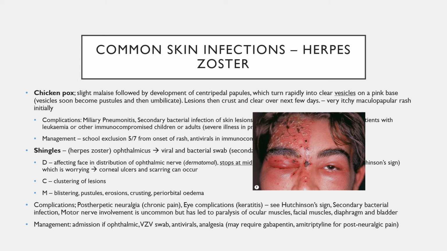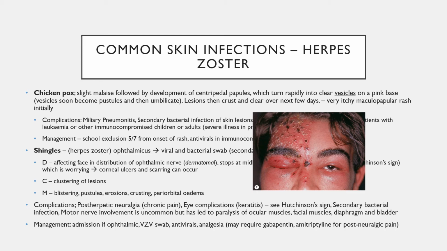With tinea pedis, you usually treat with local antifungal creams, or nail lacquers if it's just nail involvement. Usually, you only need to use oral treatment if it is widespread or hasn't responded to local treatment.